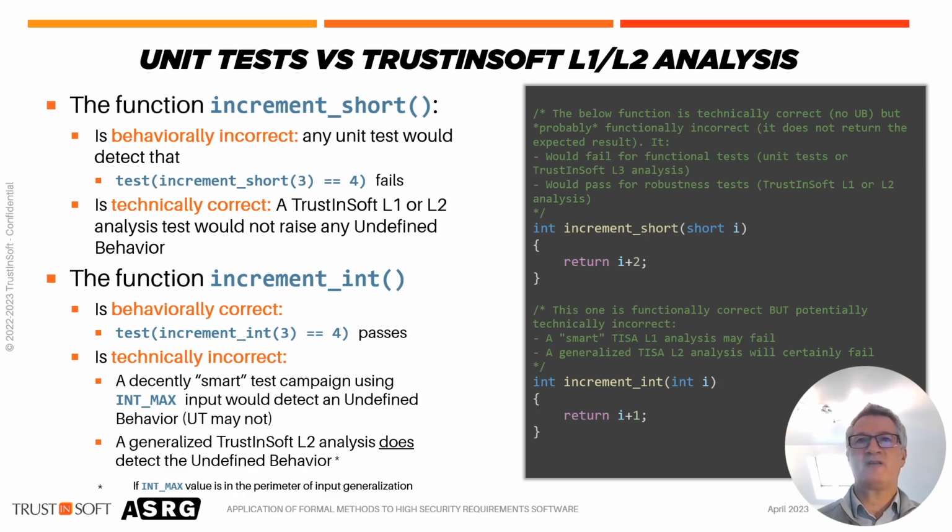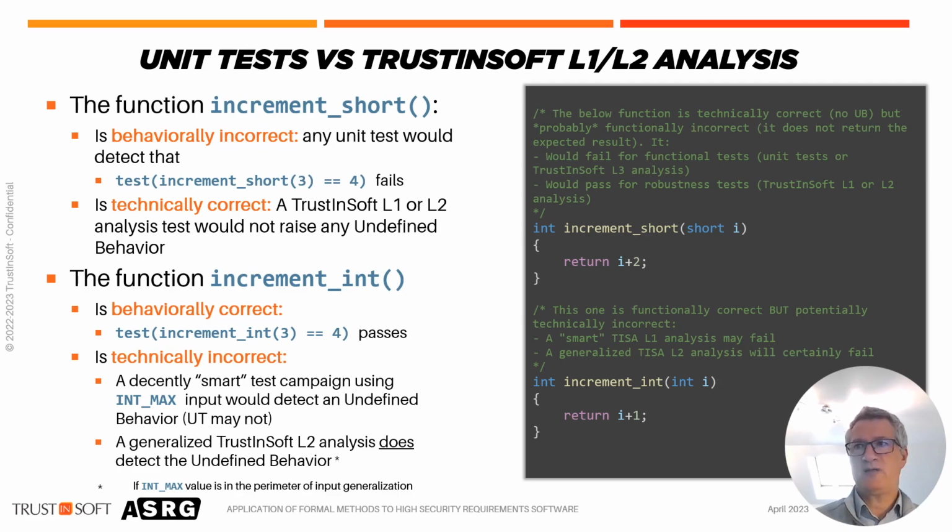It's different for the second case below, where it's the same function, except that the input is an integer and the output is an integer. Okay, in that case, it's likely that traditional tests will be happy, they will succeed, because if you provide a particular input, the input plus 1 is returned as an output.